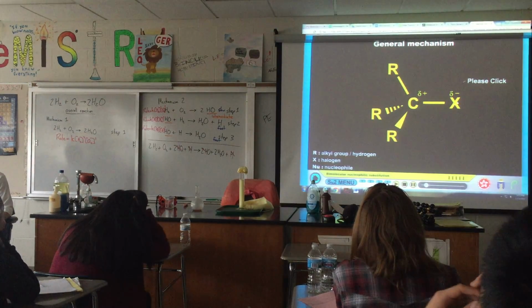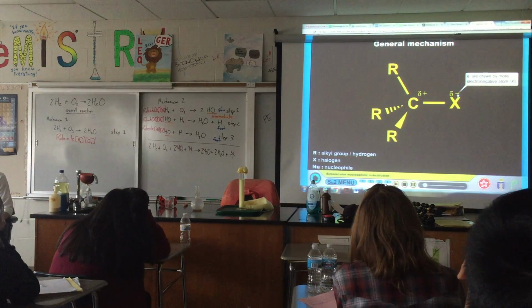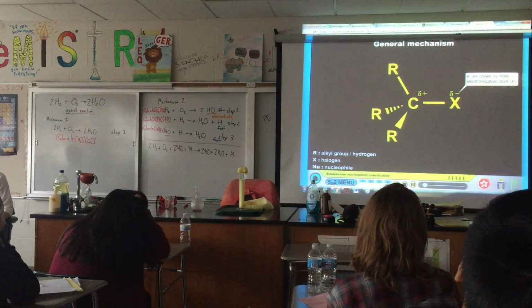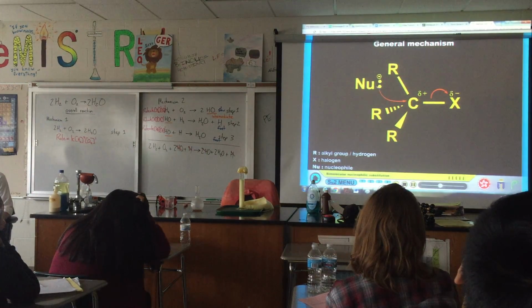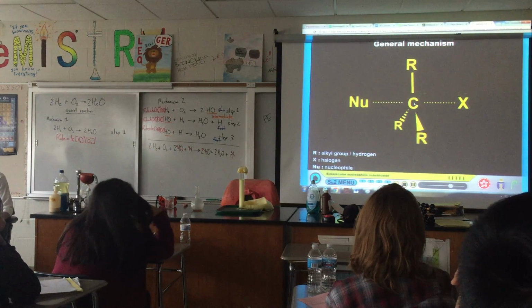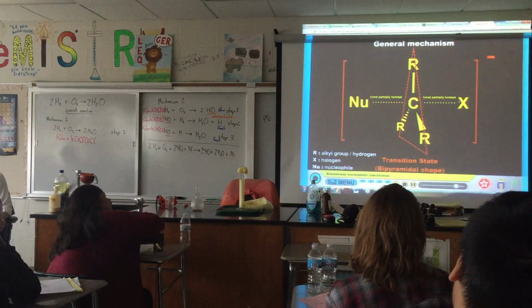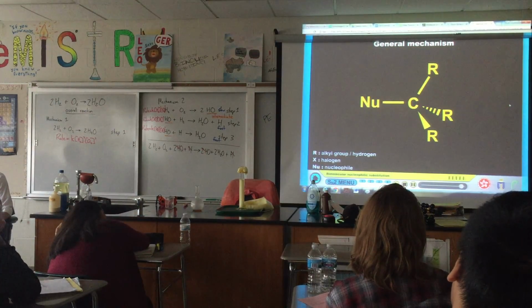We've got some X, that's a halogen. And what happens in this mechanism is that some other particle comes in and collides with that carbon and eventually pushes this thing away. So it's a bimolecular reaction.